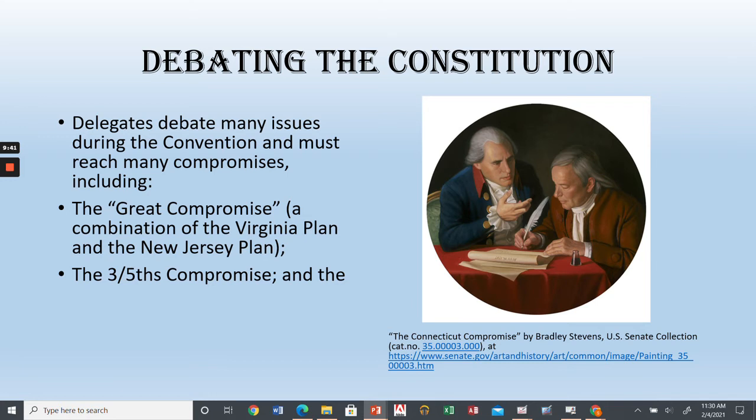All right, and so the way it would work, think about this: if you got a representative for every 100,000 people in your state, and a state like Virginia had 500,000 slaves, well, then they would get an extra 5 representatives that a state like New York that doesn't have slavery would have. And the northern states obviously did not think this was fair. So the compromise was, now you're going to count only 3/5 of those slaves.